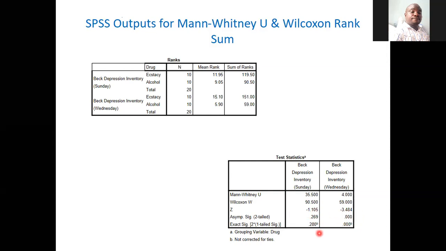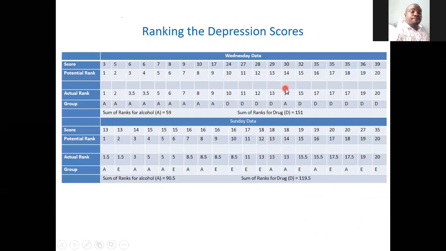Can you see? Now, when we were doing the calculation, I said the value of the Wilcoxon is an intermediate value before you reach the Mann Whitney U. When you rank, you now sum. You have gotten W, the rank sum.